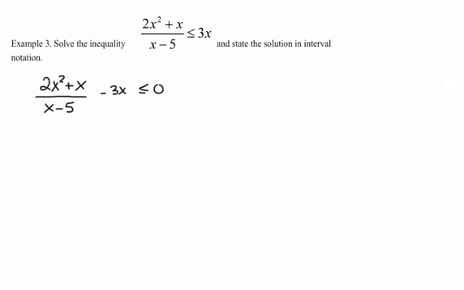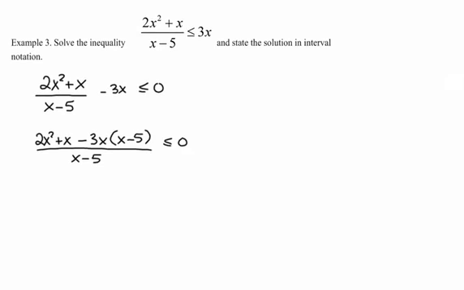Okay? So how are we going to be able to combine these to subtract them? We need a common denominator. So 2x squared plus x, and then I have to multiply top and bottom of 3x by x minus 5 so that we can get a common denominator.